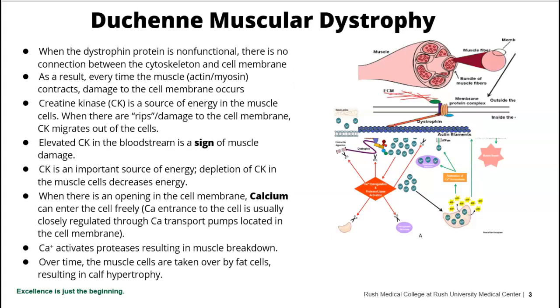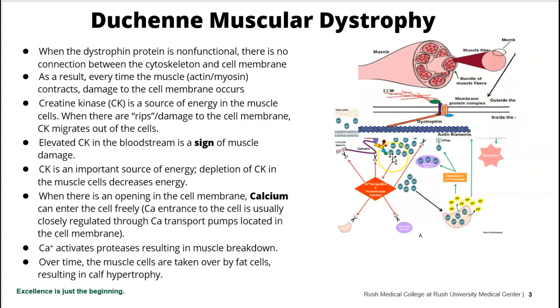So in Duchenne muscular dystrophy, the dystrophin protein is non-functional, so there's absolutely no connection between the actin and the membrane. Every time the cell contracts, it causes damage to the cell membrane, and this damage results in holes in the cell membrane.